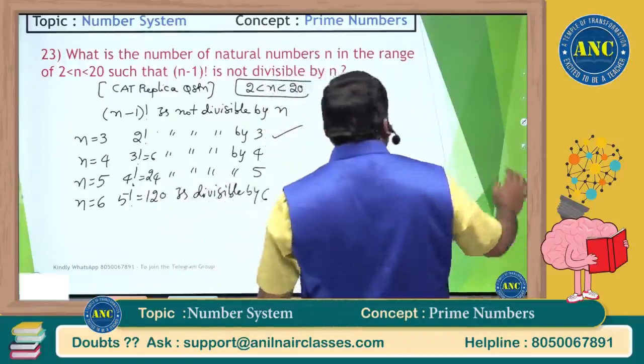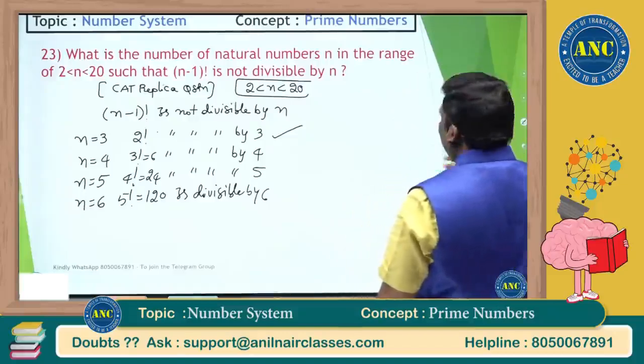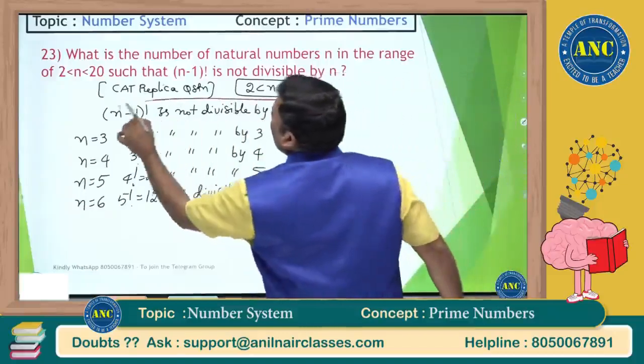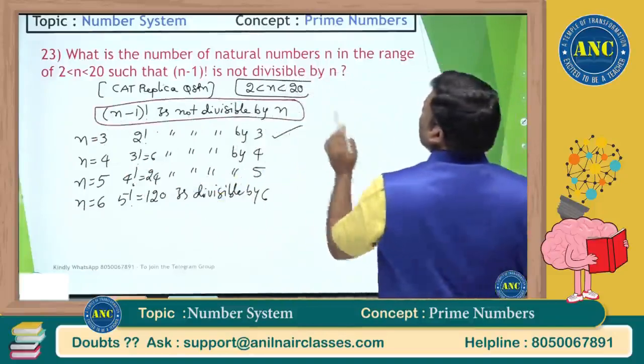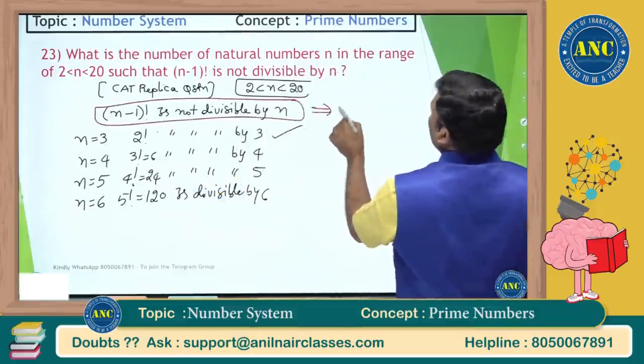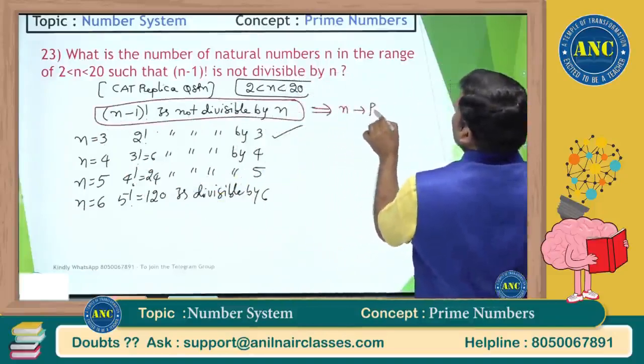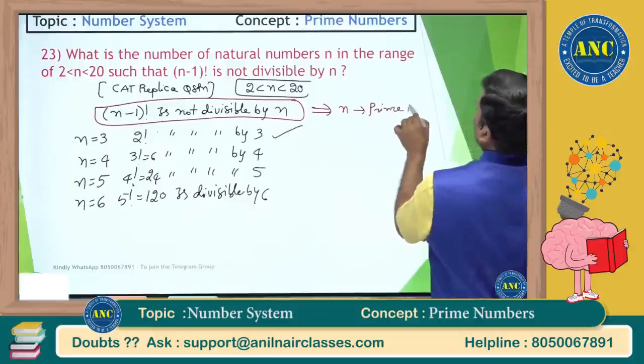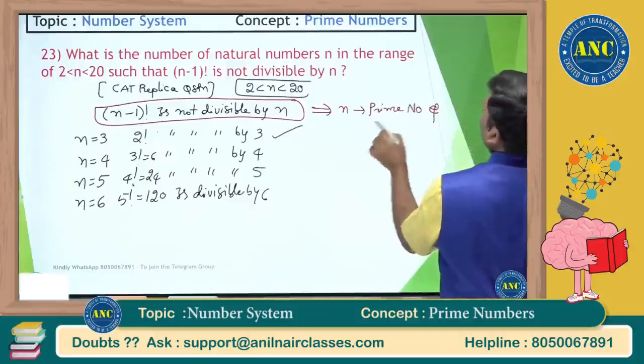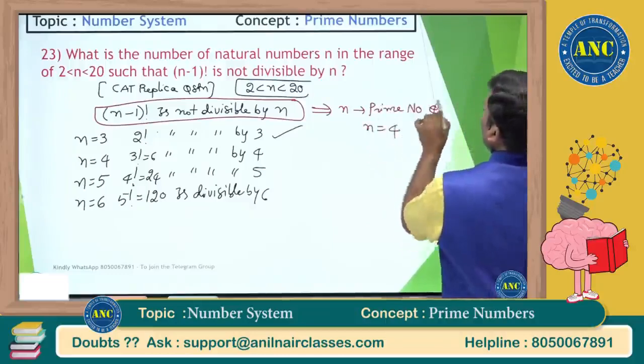What did you observe? A very, very important key point: (n minus 1) factorial is not divisible by n as long as n is a prime number, and n equal to 4.